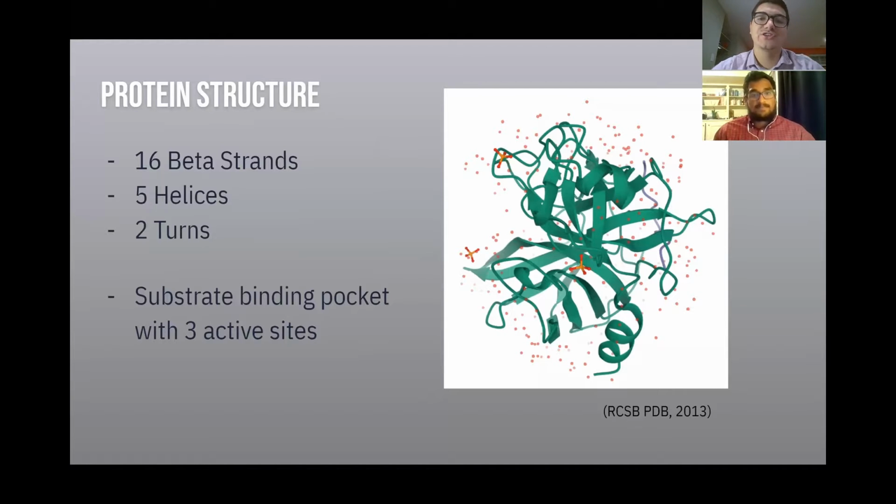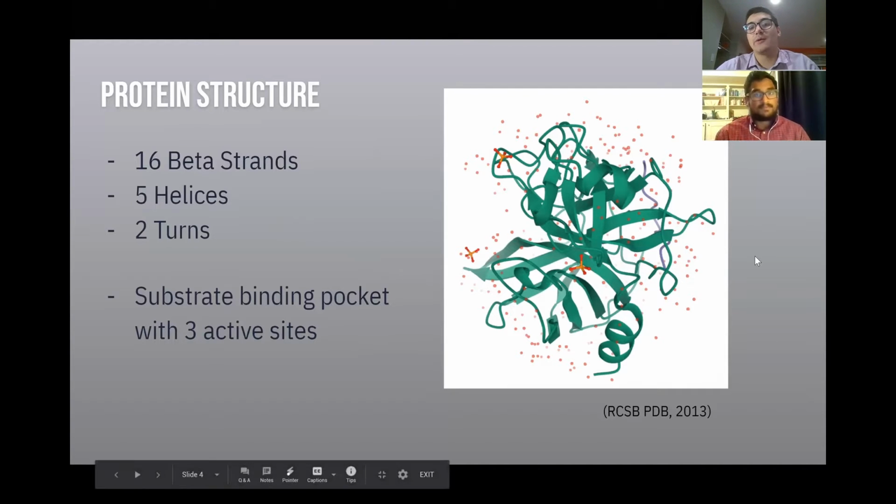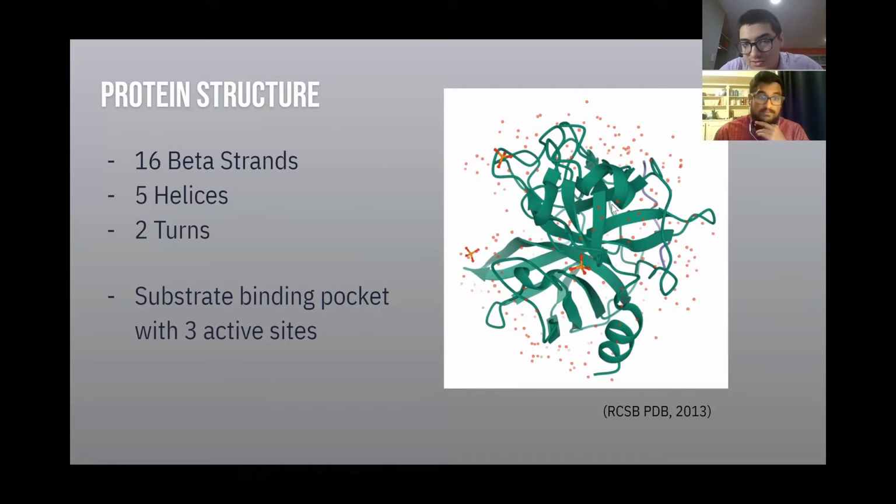All right, yeah, so here you can see it's a globular protein, and it has many different secondary structures. All these sheets here are the beta strands, these little flat boys, and there are going to be 16 of them. Then there are 5 helices. You can see an example of one down here. And there are going to be 2 turns, which you can see down here, this little purple strand.